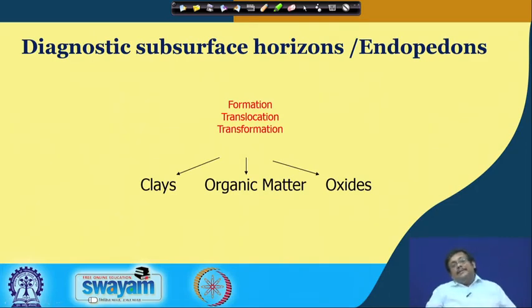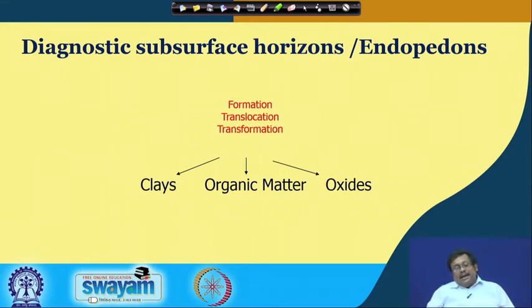Now, let us see what are the diagnostic subsurface horizons. We have covered surface horizons or epipedons. Now, let us see the subsurface horizons. The other name of these subsurface horizons is endopedons, and remember that these endopedons are developed based on the formation, translocation and transformation of clays, organic matters and oxides.